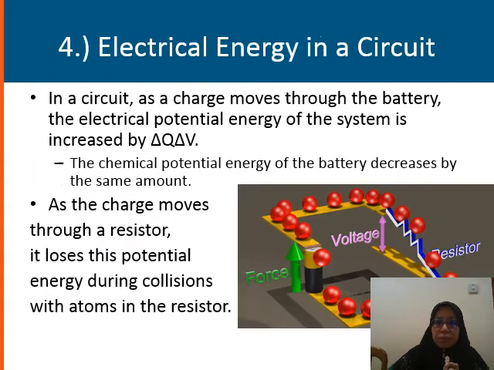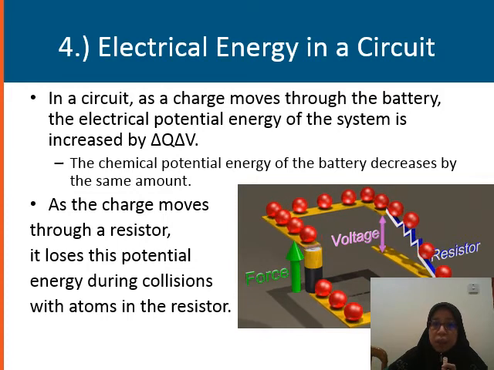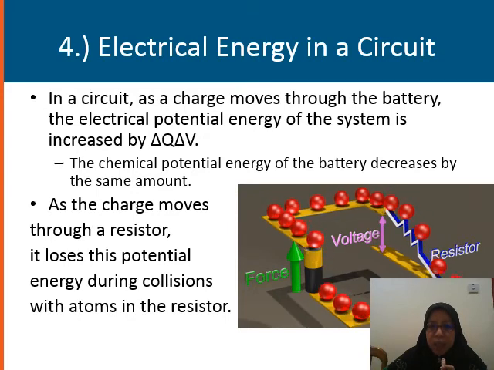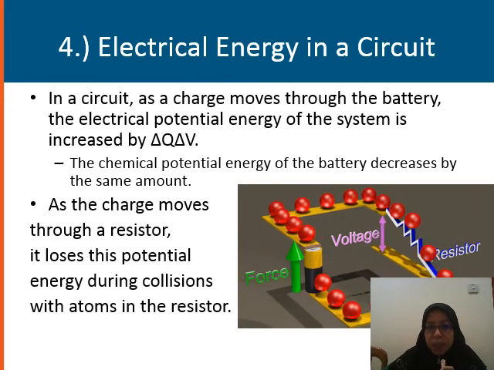Right. Now let's move to the fourth thing, the idea of electrical energy and power. This figure shows you that the energy is supplied by the battery or generator.